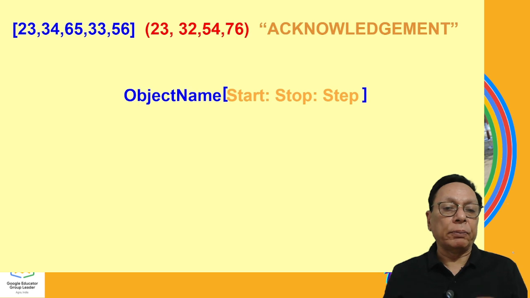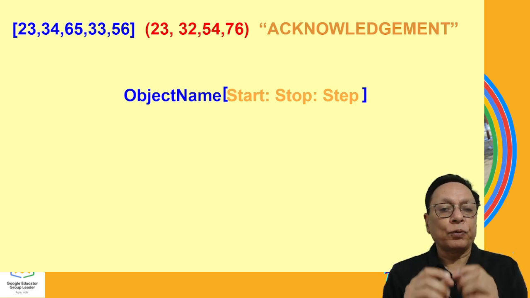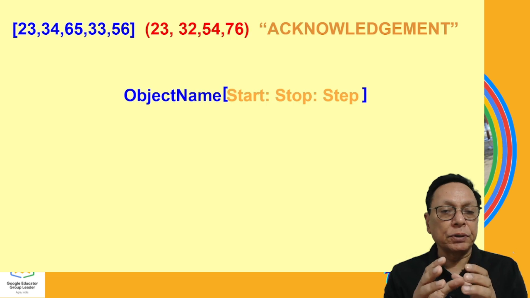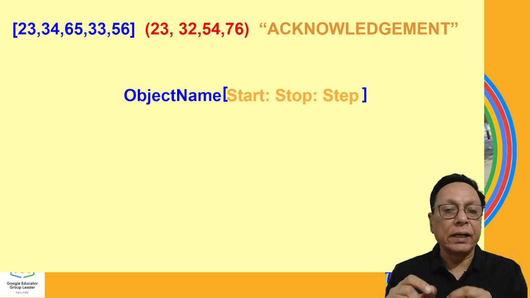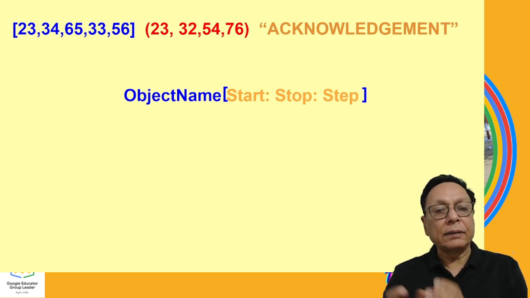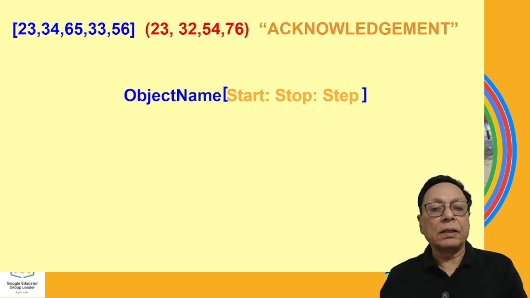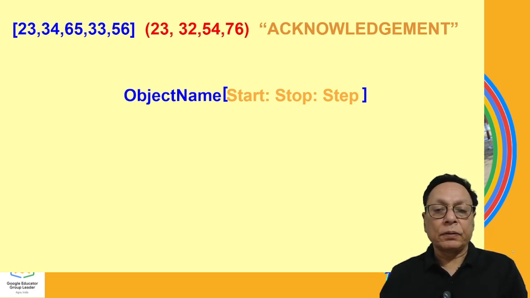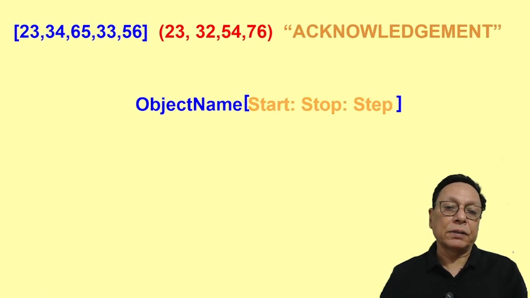When we are going to slice a piece from these objects, the first thing to keep in mind is that every object has the starting index, the ending index or the stop, and the step jump. So object name, start, and stop, these are the parts of any object.